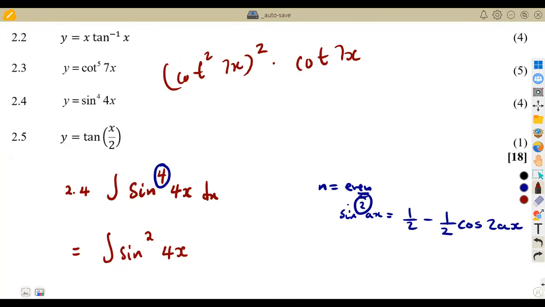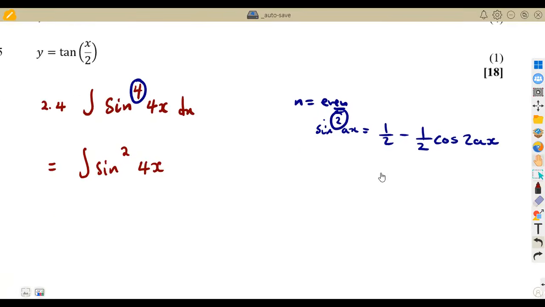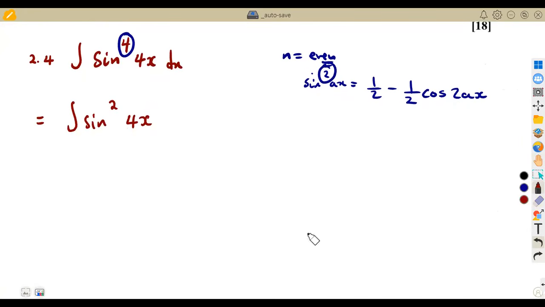For a sine and a cos, it's very possible. It's limited only for a cot and a tan, where you expand and expand up to the last part where you can integrate. But for a cos and a sine, you write this as sine squared 4x, everything to the exponent of 2 with respect to x.